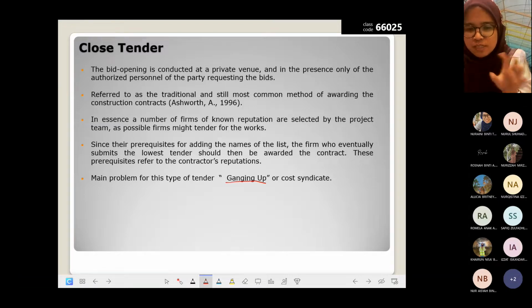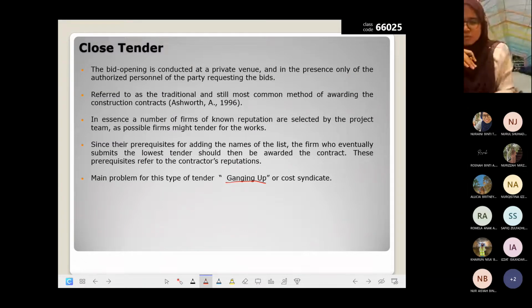Okay, so dia bagi chance kat seorang tu, dan bila orang tu dapat, so dia kena share lah berapa persen dekat setiap orang yang lain. Tu macam ganging up lah. Okay, or ataupun cost syndicate, so dia nak make sure semua orang dapat kan, so dia orang berpakat kat situ macam tu. Kau ambil lah projek ni, tapi kau kena bagi kita orang seorang 5% ke 10% ke, macam tu.